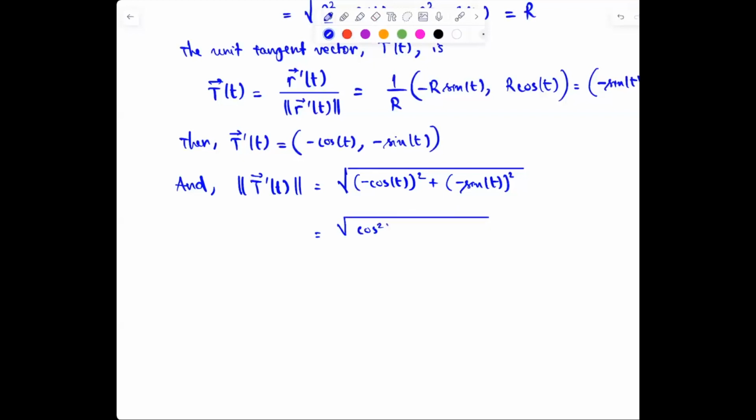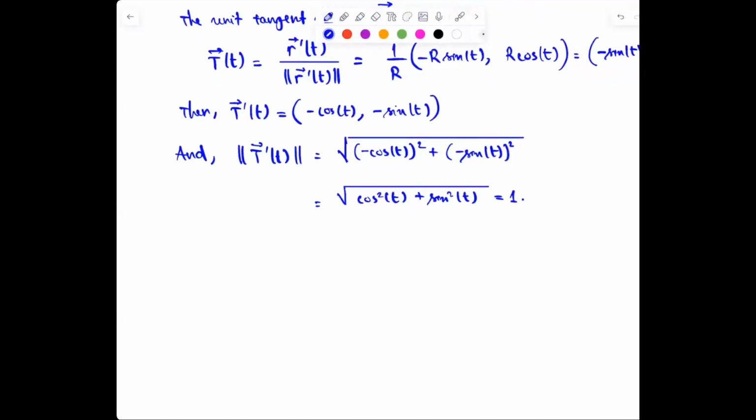That gives you cosine squared of t plus sine squared of t, which is equal to 1. So you have everything that you need to calculate the curvature of the circle.